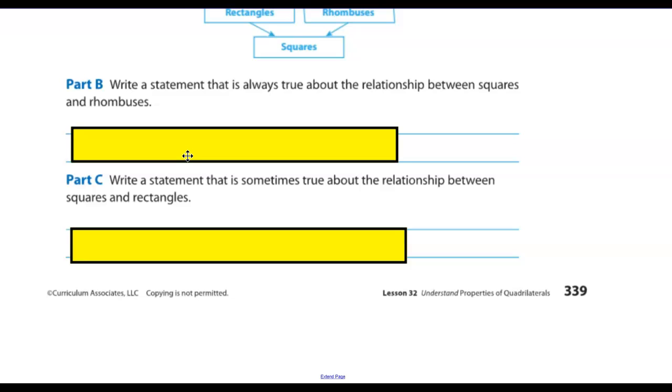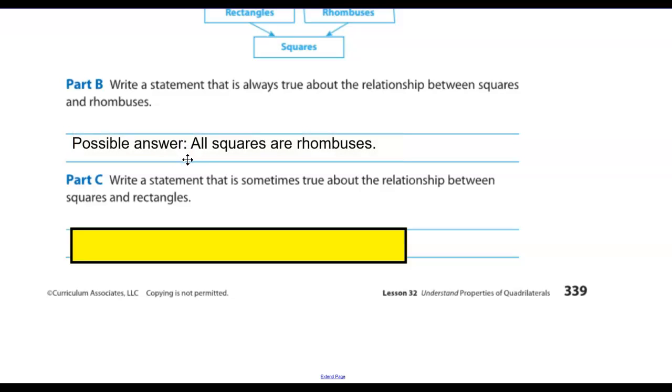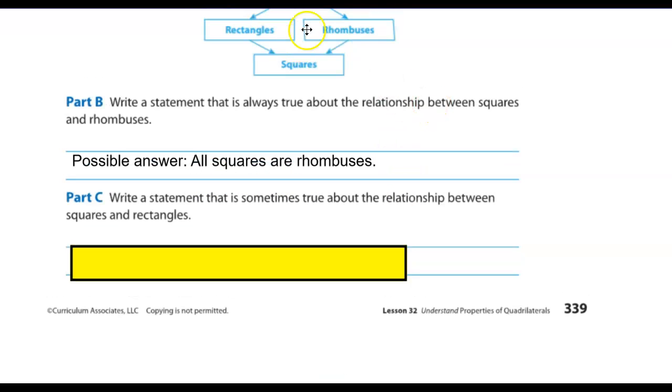All right, welcome back. Possible answers. All squares are rhombuses. So right here, when you see squares and rhombuses, all squares are rhombuses. Part C. Write a statement that is sometimes true about the relationship between squares and rectangles.